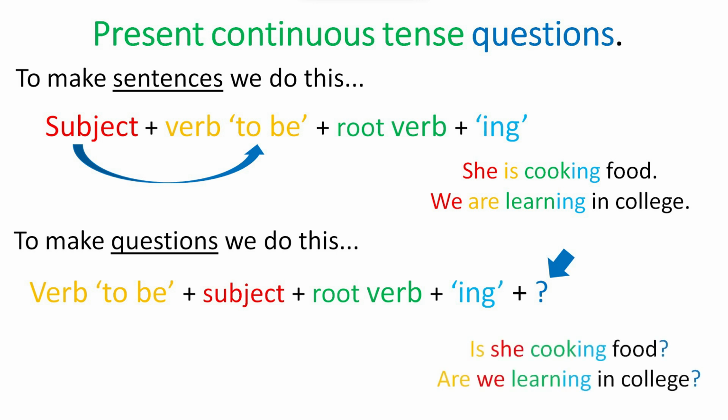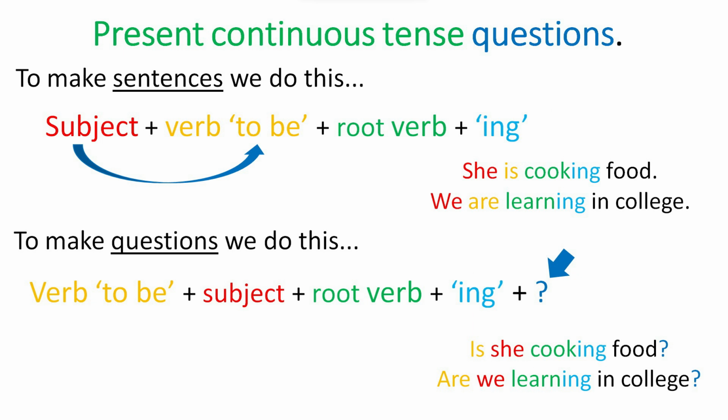For example, is she cooking food? Here, she and is have swapped around. And are we learning in college? Here, we and are have been swapped around.